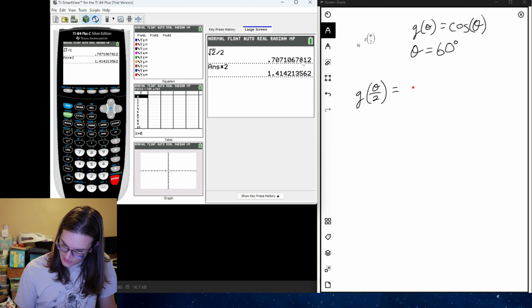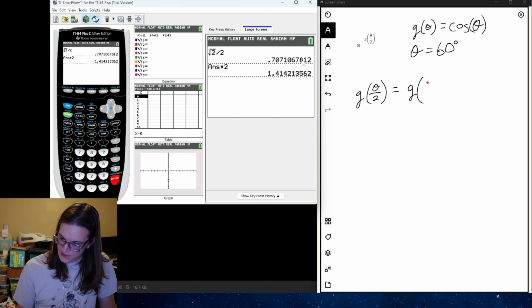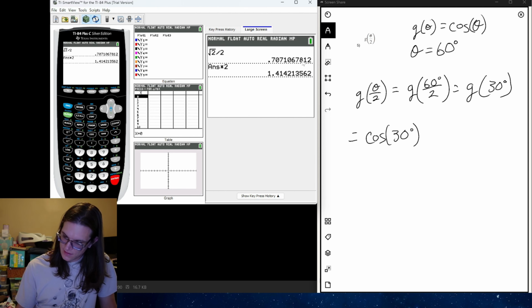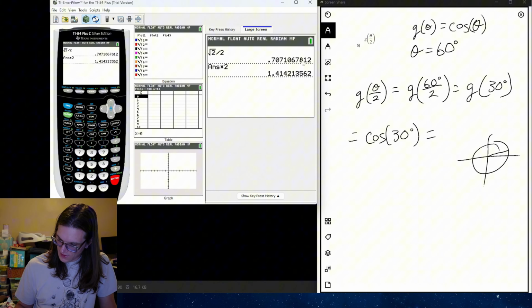Theta is 60 degrees, so g of theta over 2 is equal to g of 60 degrees over 2, which is equal to g of 30 degrees, which is equal to cosine of 30 degrees, because g is just cosine, right? Which is, back to our unit circle, long x here at 30. So I know it's root 3 over 2 because that's the big number.